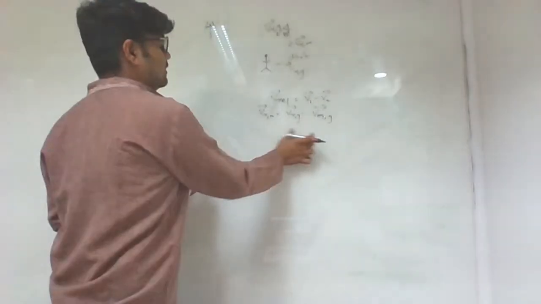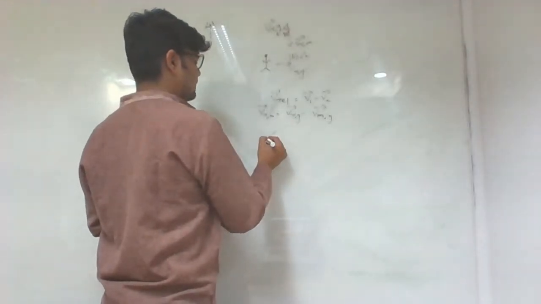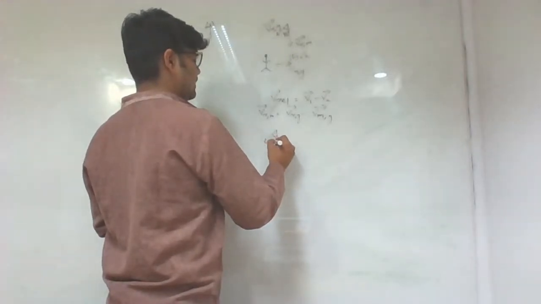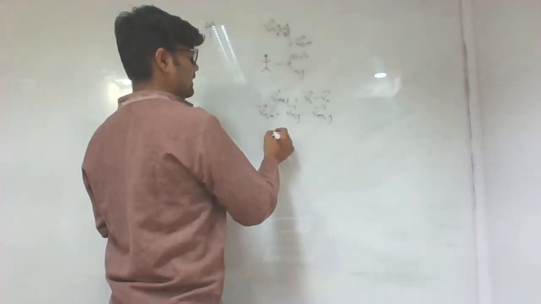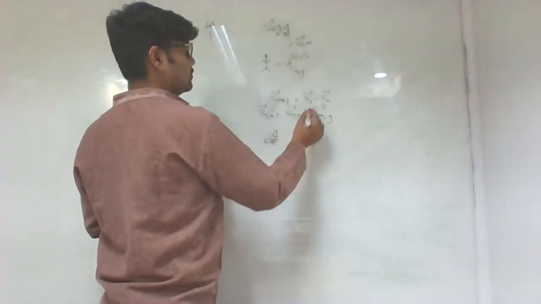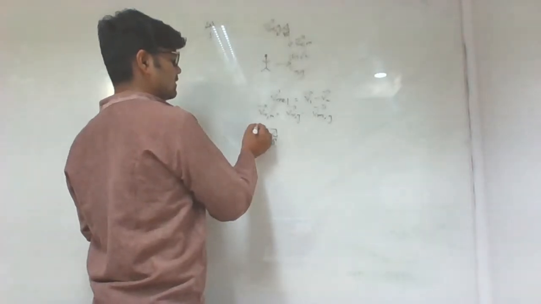V rain with respect to ground is at some angle, I don't know, this is 45 degrees. V man with respect to ground is forward, so if I have to subtract, it will be backwards.